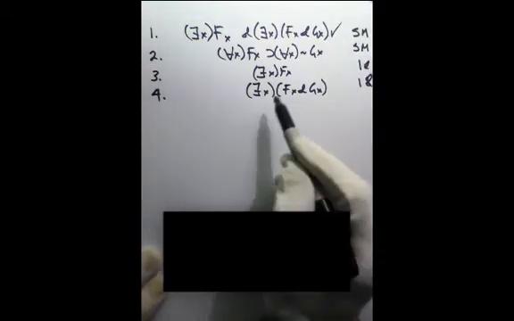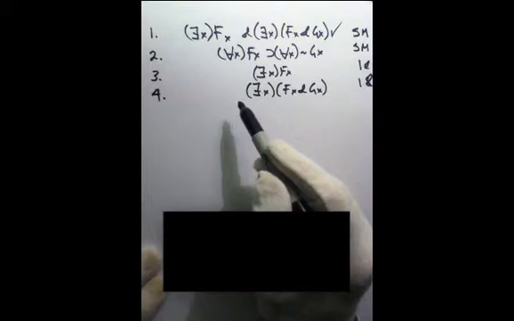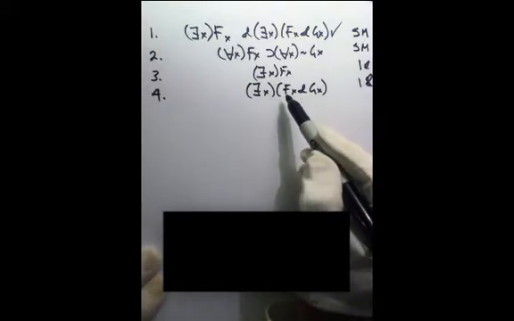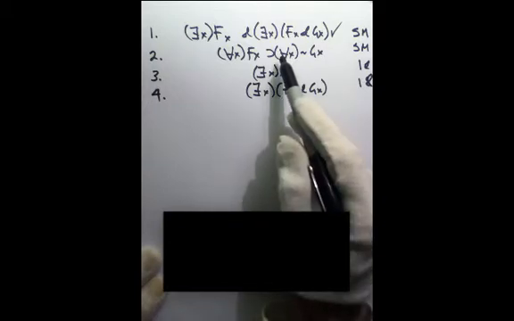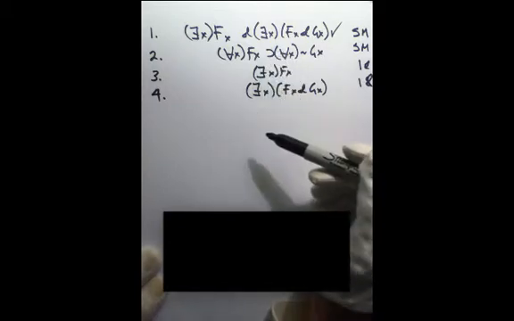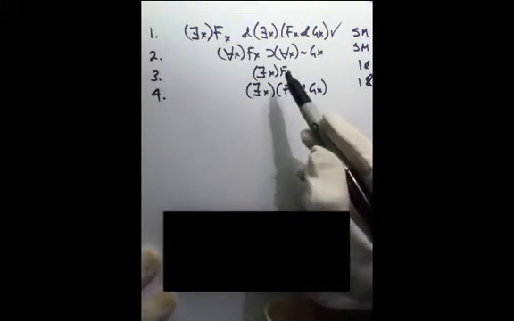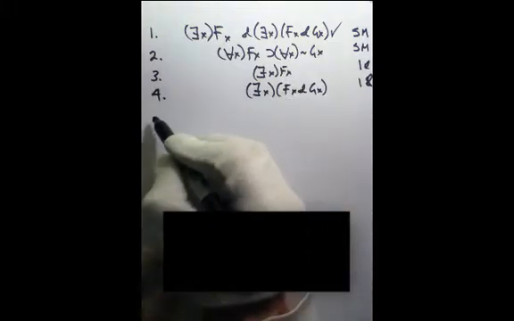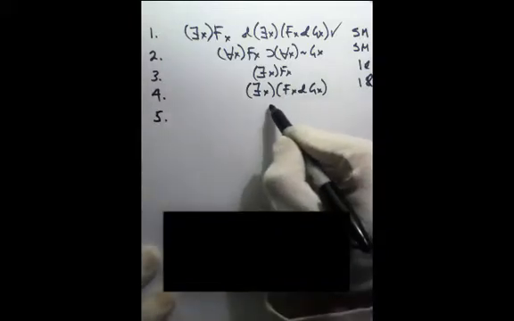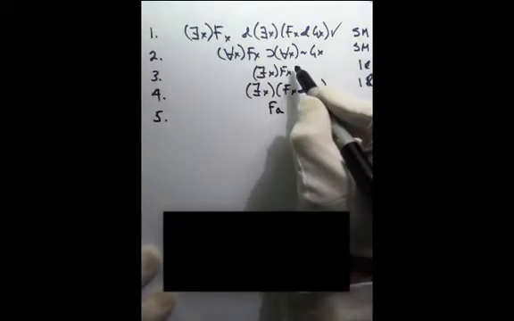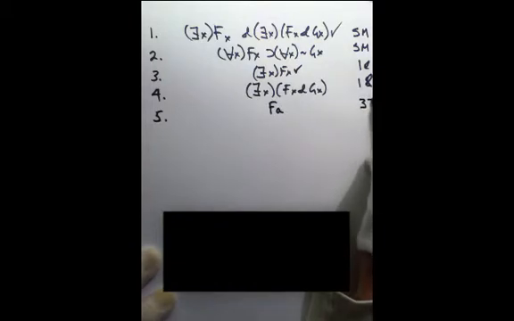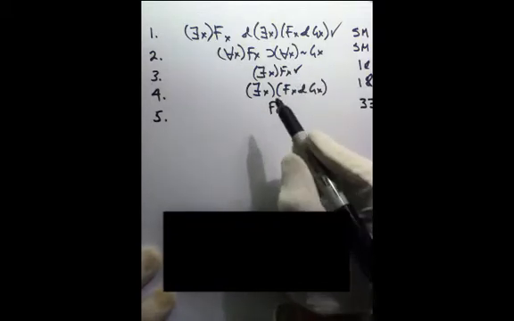Now, looking at this tree, we see that what we have now are two existentially quantified sentences on lines 3 and 4, and we have a truth functional compound. So here, perhaps the most prudent thing to do is to deal with existentially quantified sentences first. On line 5, I can write F of a as coming from line 3 by existential decomposition. And I can introduce the constant a because it doesn't appear anywhere on the branch yet.